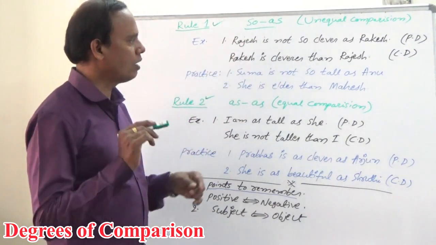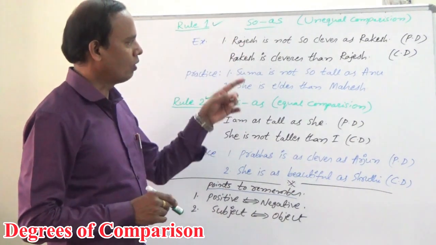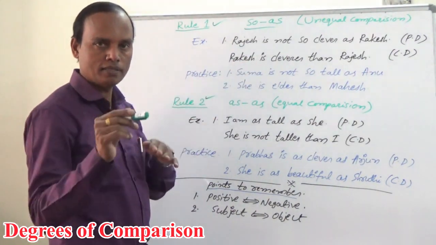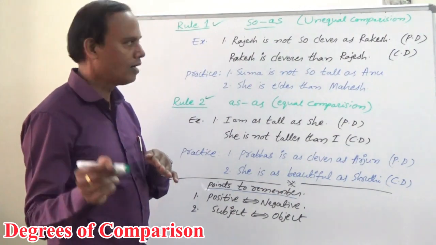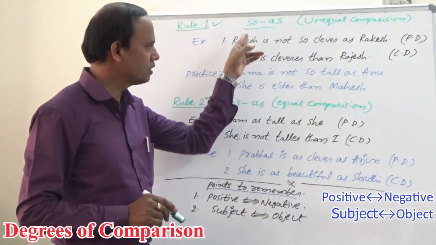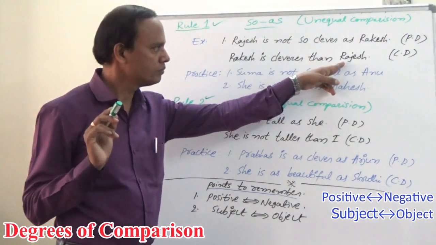Rajesh is not so clever as Rakesh. It is a negative sentence, and the object and subject swap: object becomes subject, subject becomes object.